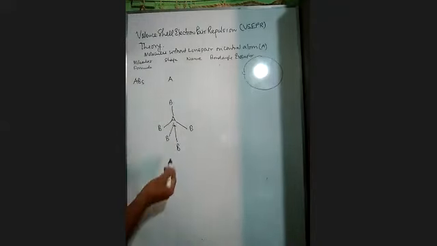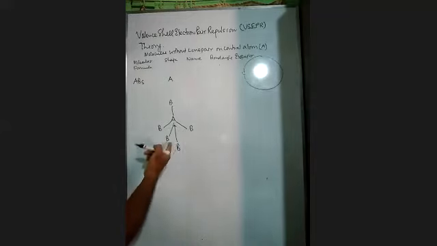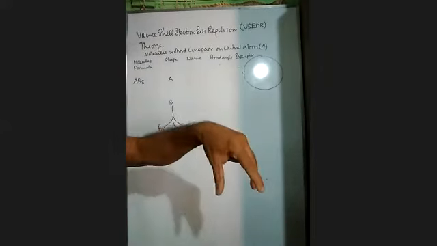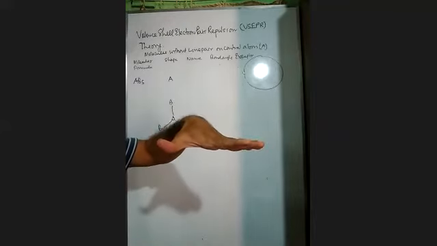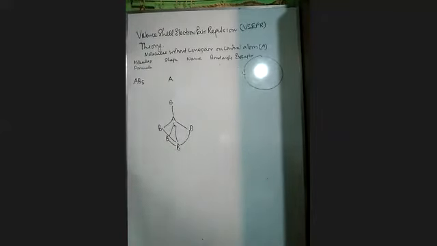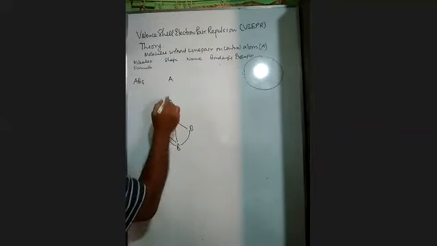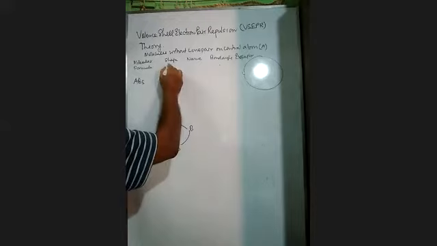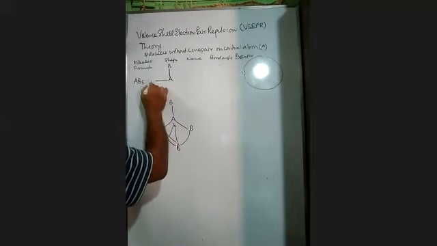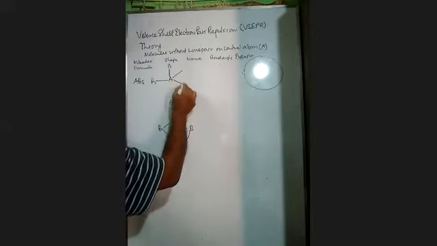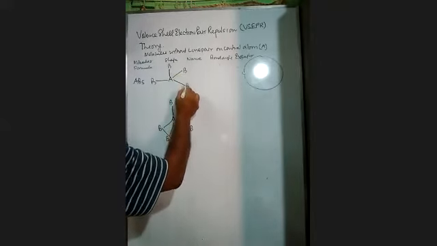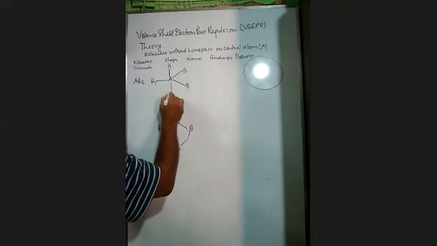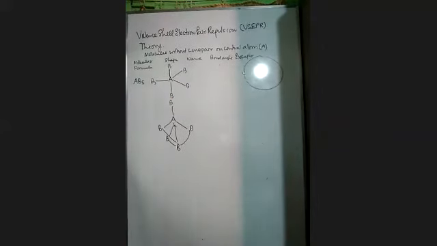The moment the B from below comes, there will be repulsion between this one with this, this, and this. How to avoid repulsion? It was like this now. It will become straight now. So when this goes up, you will get this.